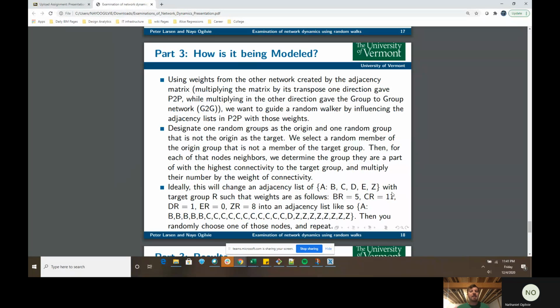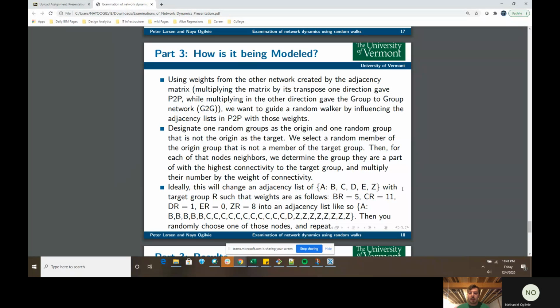The idea is you designate a random group as the origin, and you designate a random group that isn't your origin as your target. You then select a random member of your origin group such that they are not a part of the target group, and you take their adjacency list.